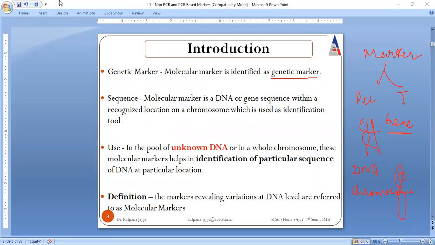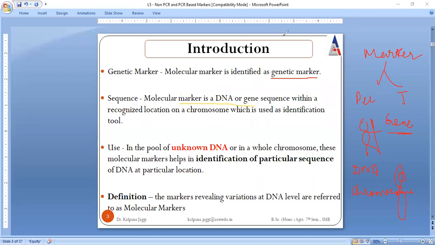Because these are called markers, it must be very clear to you all. Molecular marker means the marker. When you read particular lines, what do you do? You highlight certain lines with this color. That is called a marker, and that means something very important, right?